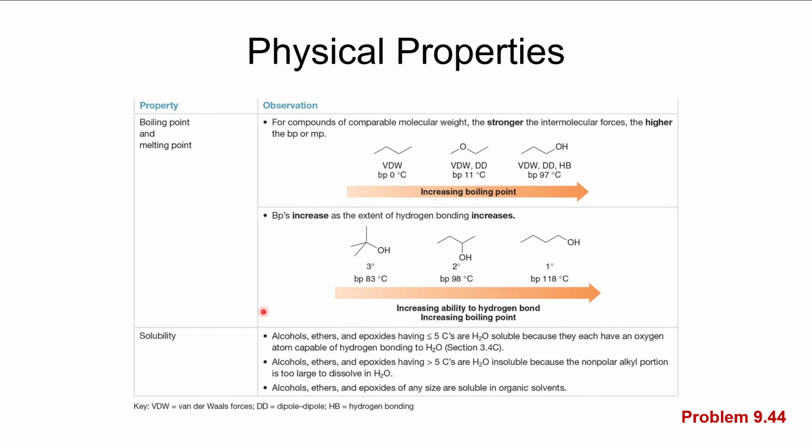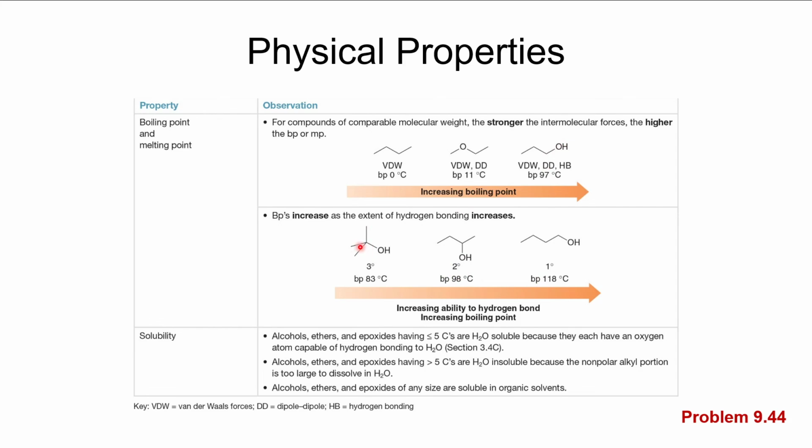All right, so what we talked about a minute ago: alkanes don't have any dipoles in them, so they have fairly low boiling points. Ethers have at least dipoles in them, so they're going to have higher boiling points than your regular alkanes. And then the alcohols will have even higher boiling points because of the hydrogen bonding. Here is that steric hindrance.